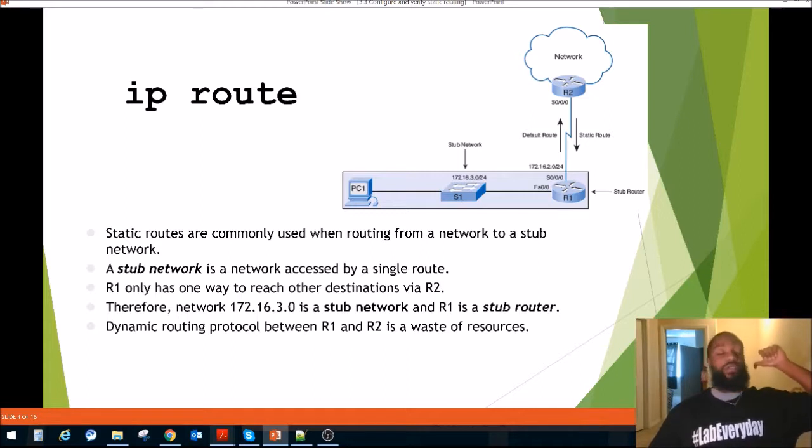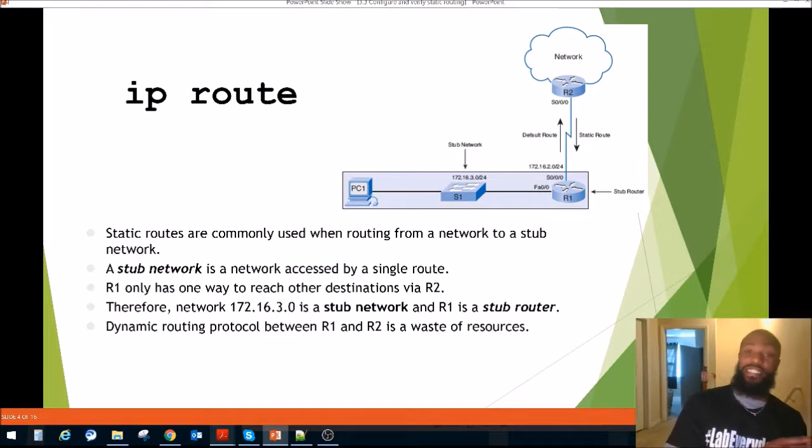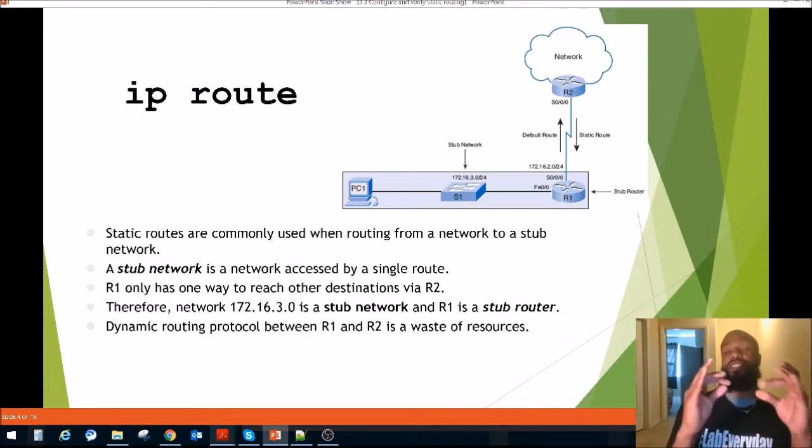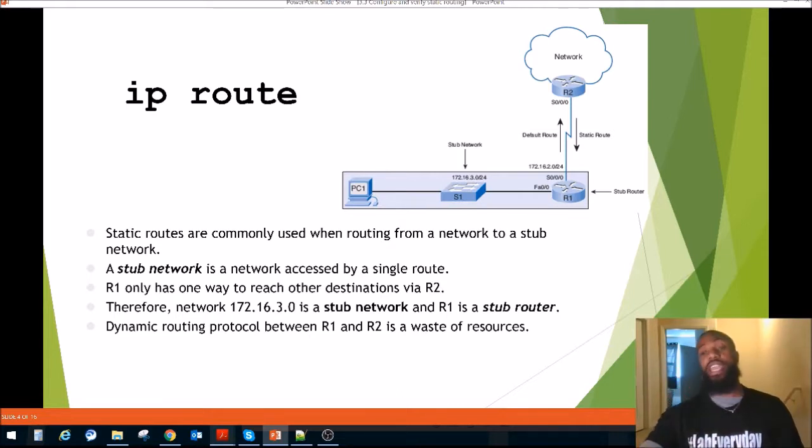And in rush hour there's so much traffic, and they only have two-lane roads on both sides. That city would be considered a stub city, if you will. That would be the stub network when we're talking about networks. It's only one way in, one way out. So that's where the static route would come in handy.